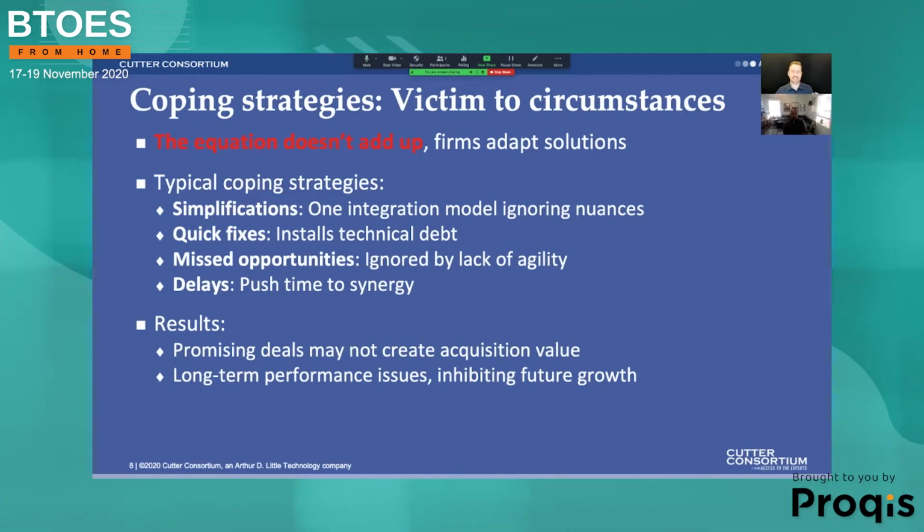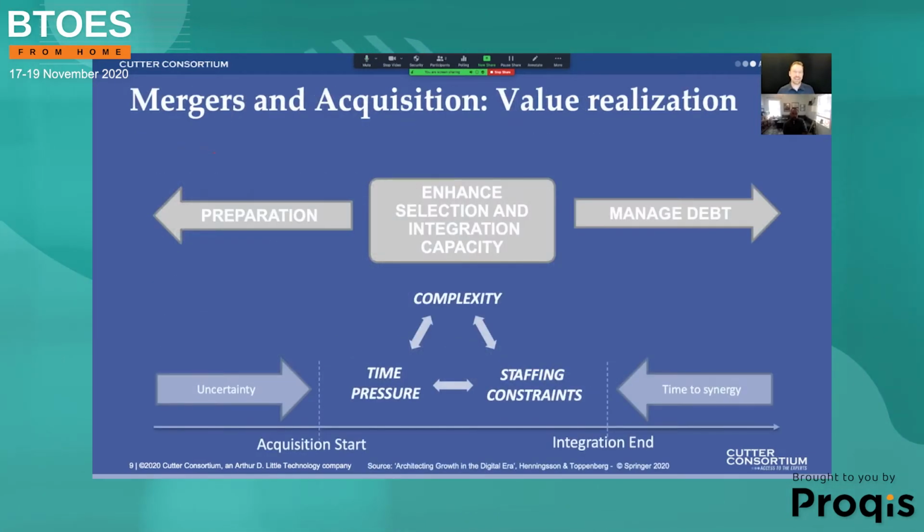Now, this is the drama, and where enterprise architecture really comes into play is that it allows us to increase the speed by which we execute in the acquisition phase itself. It allows us to deal with more complexity, and thereby we can handle larger tasks within the selection and integration.